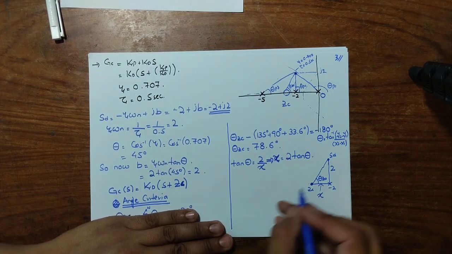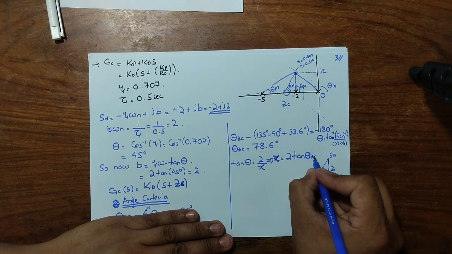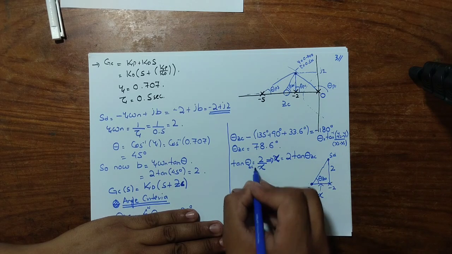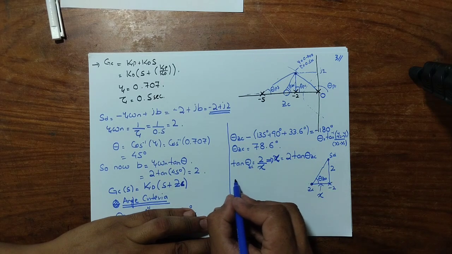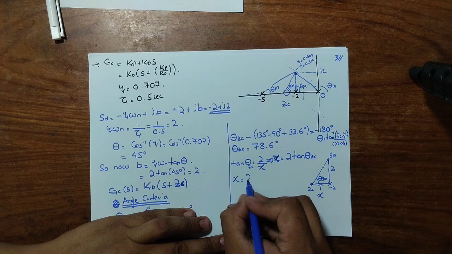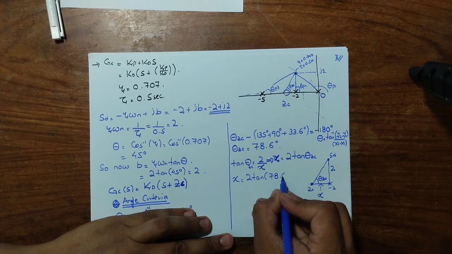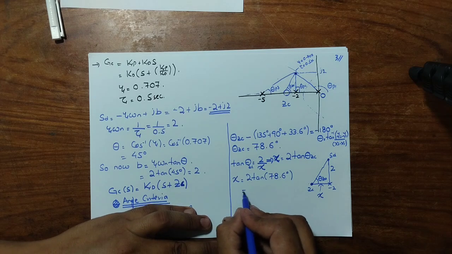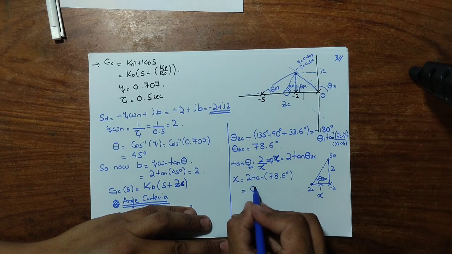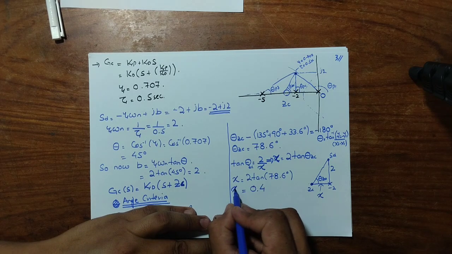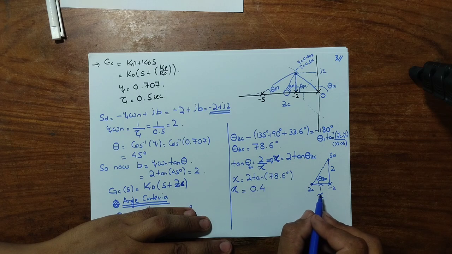Because we are talking about ZC, now x is equal to 2 times tan of 78.6 degrees. So this comes out to be equal to 0.4. So x is equal to 0.4, right?